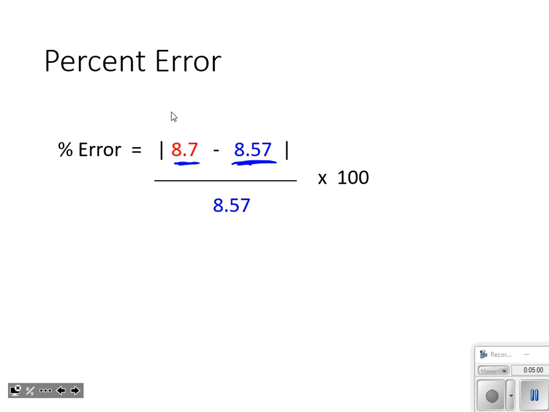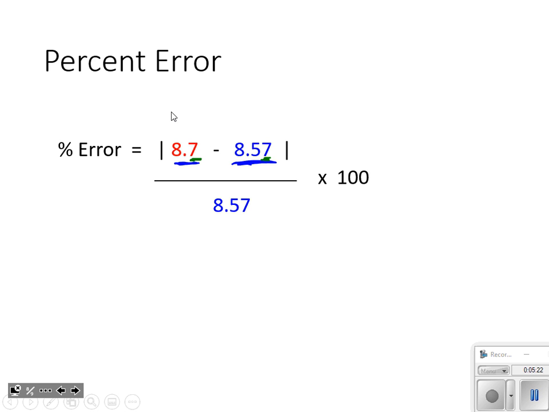So when I do my math up at the top, the subtraction, where am I going to round it to? Where am I going to round it to, Hannah? I can't hear you. The tenths, excellent, because I can look and I can see my values. Here's at the hundredths, here's at the tenths, so I'm going to round that at the tenths.